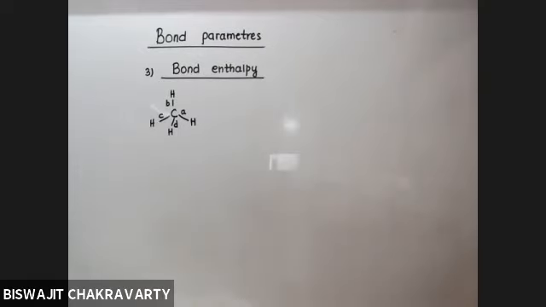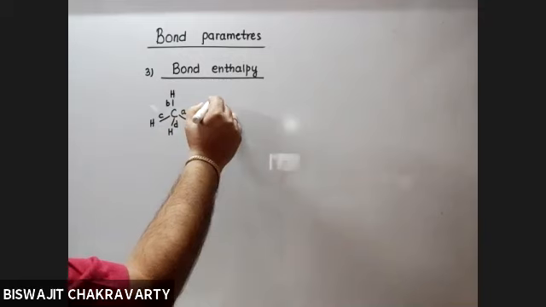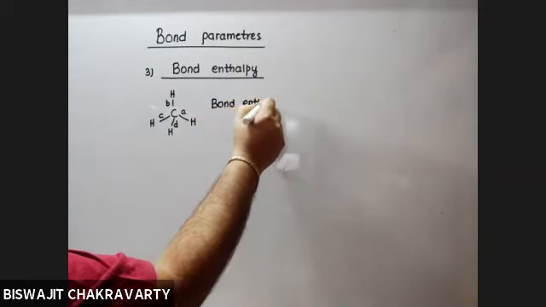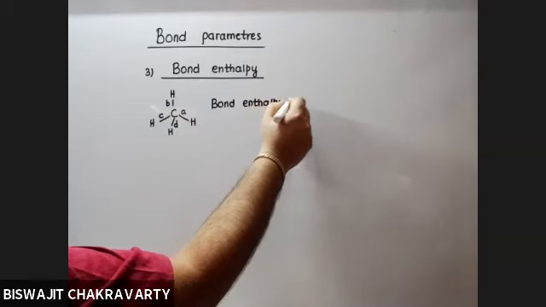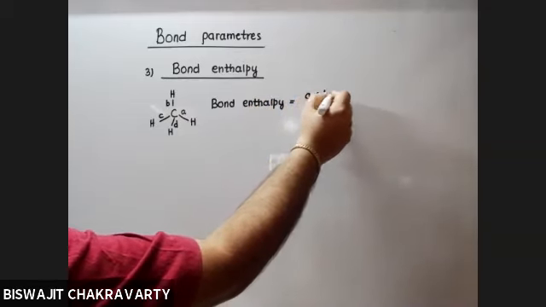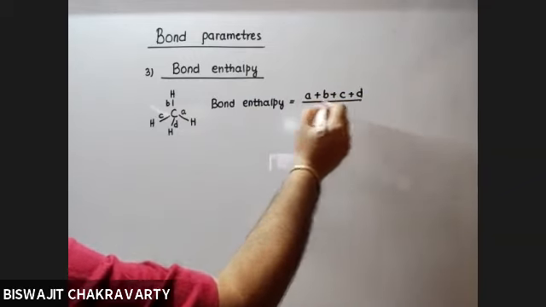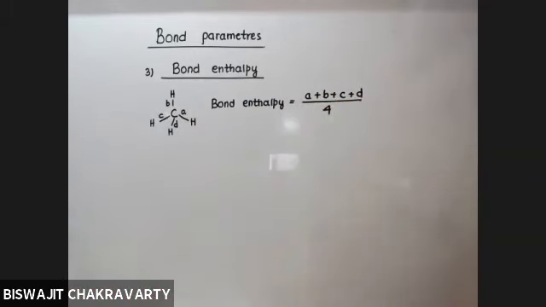But what will be the bond enthalpy in such a case? The bond enthalpy in such cases will be the average of the bond dissociation enthalpies. That means every bond requires a different amount of energy to be broken. We will add them up to give the total amount of energy required to break all the bonds, and we will divide it by 4.